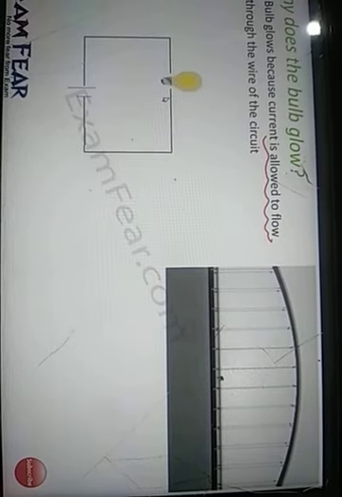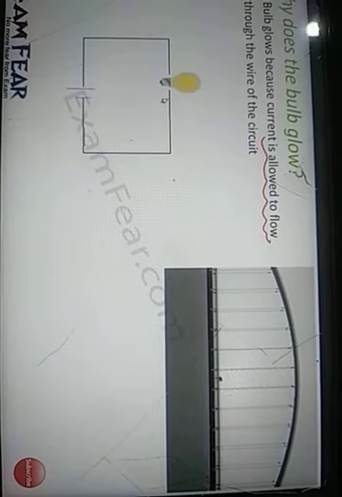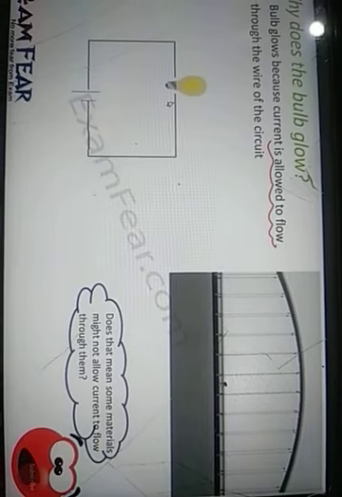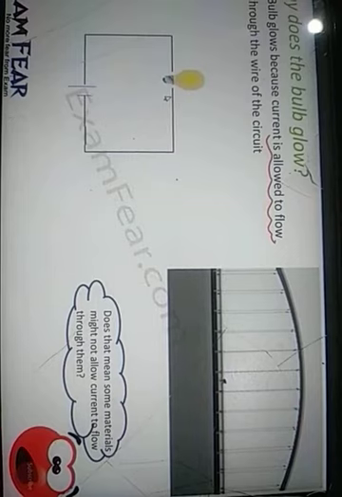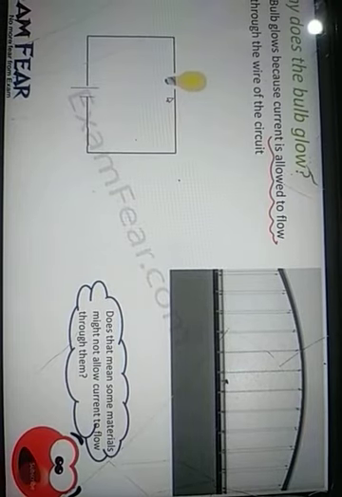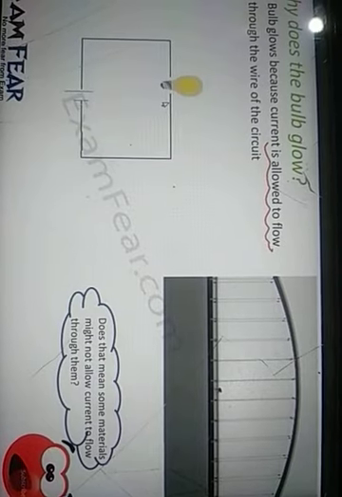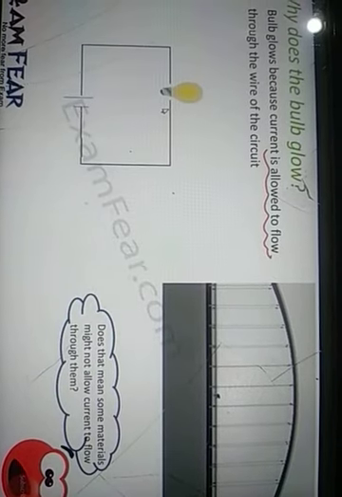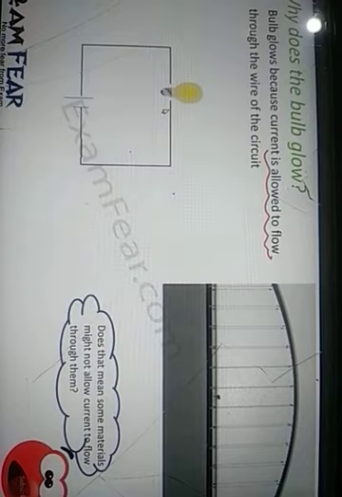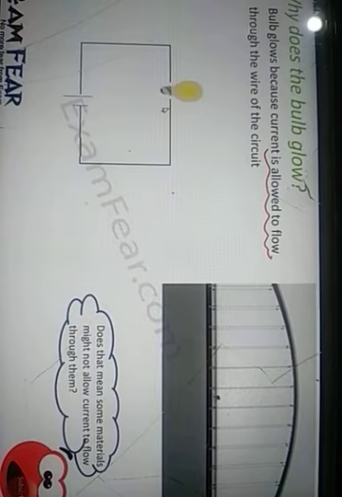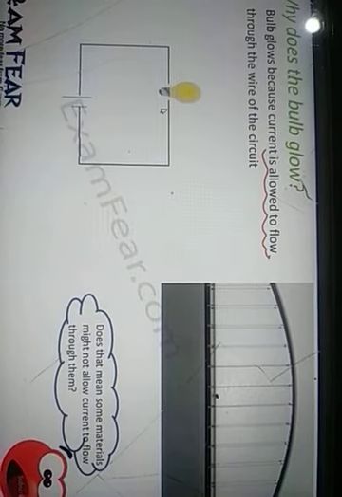In this case the circuit is closed, but still the bulb would not glow. So this means that there might be some materials which do not allow current to flow through them. Yes, exactly. It is not necessary that all materials allow current to pass through them. Therefore, in an electric circuit we make use of materials which allow current to flow through them.